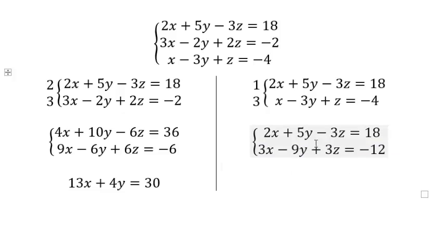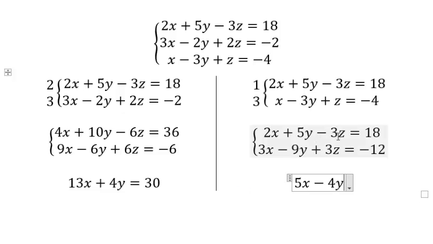Once I have this, I'm going to repeat the same process of adding and subtracting each one of the letters and numbers in column. So 2x plus 3x is going to give me 5x. 5y minus 9y is going to give me negative 4y.